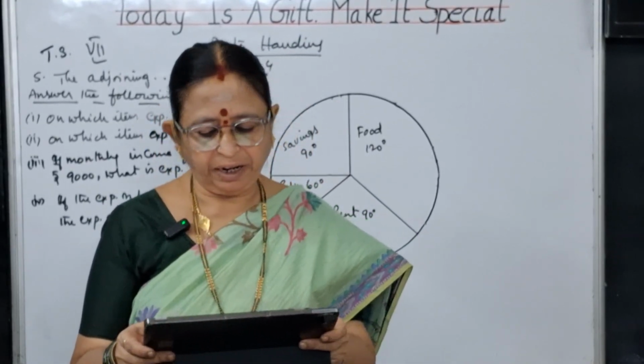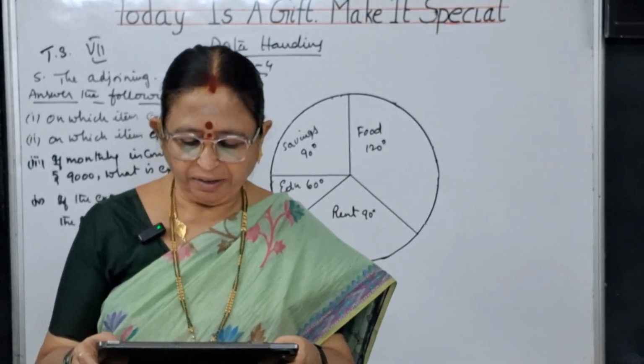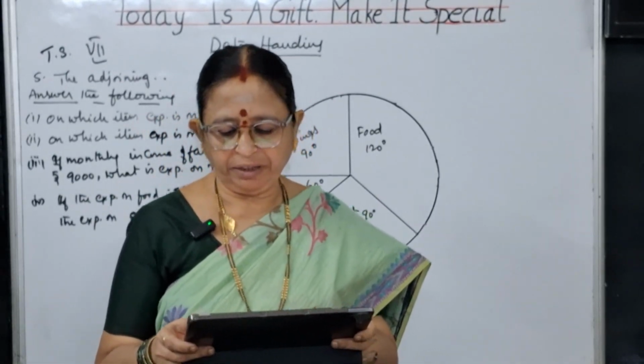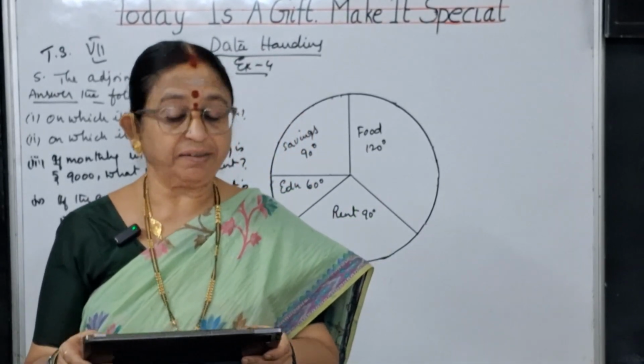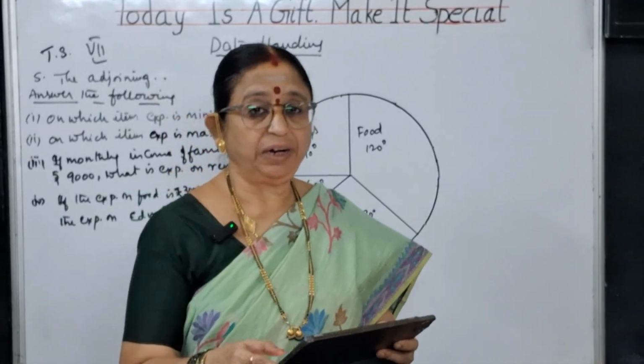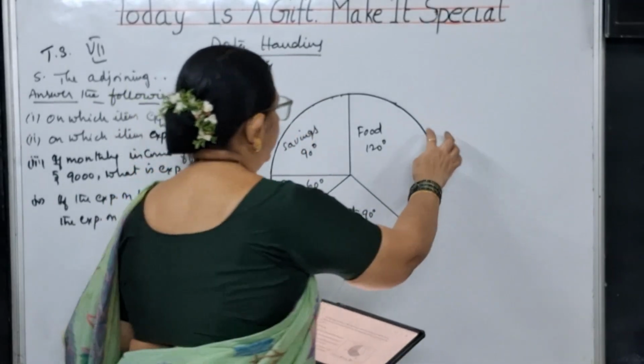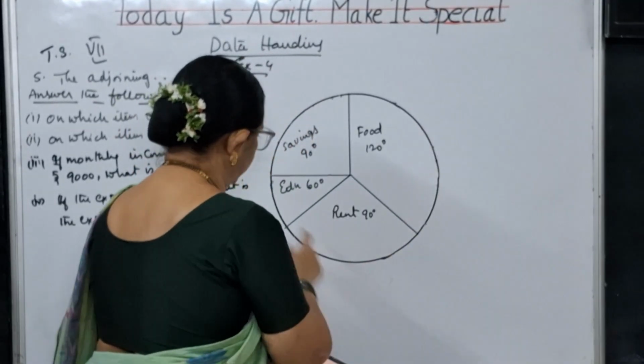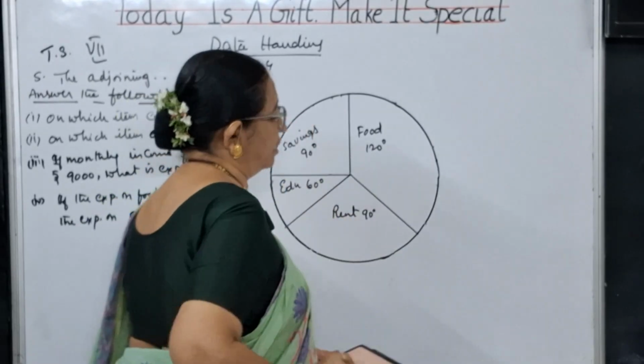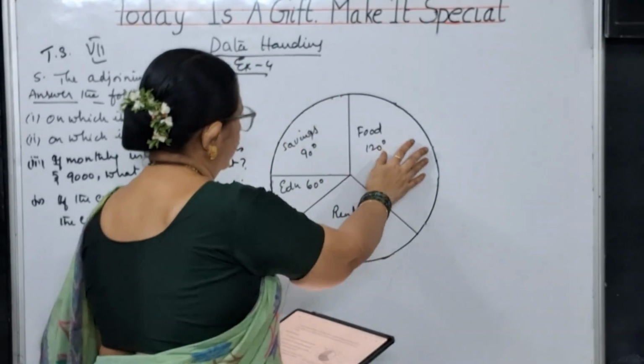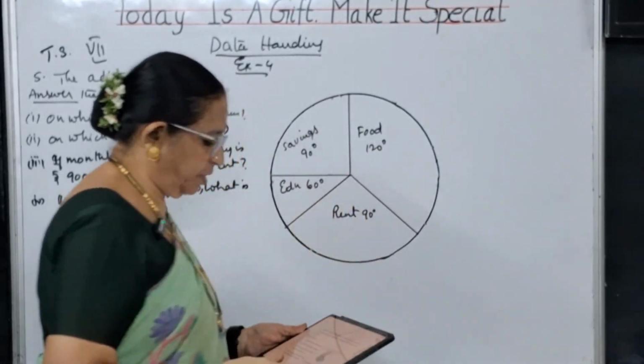The numbers written around the pie chart tell us the angles made by each sector at the center. So here they have given 120, here 90, here 60, here 90 they have mentioned. And they have given certain shapes here.